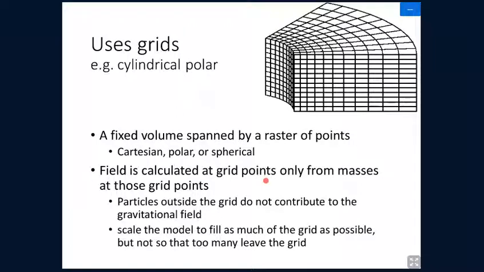So you want to be able to scale the model so that it fills as much of the grid as possible, leaving room for the evolution of the model to not spill too many particles. That really has to be less than a couple of percent. They should not leave the grid during the calculation. So that's a limitation.